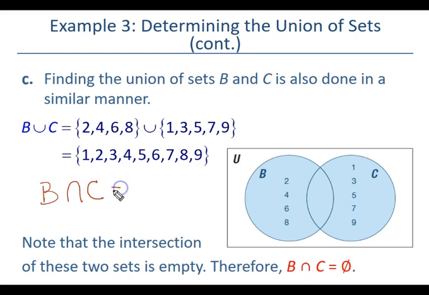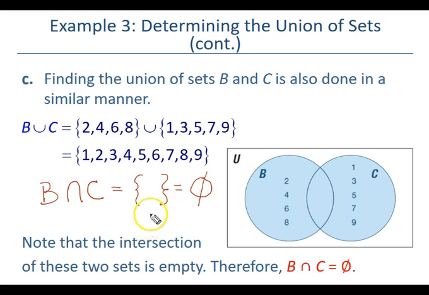We say there's two ways to write it. One way is we write the braces but with nothing in it. This is an empty set. Or the other way to write it is a 0 with a slash through it. That is, there are no elements.